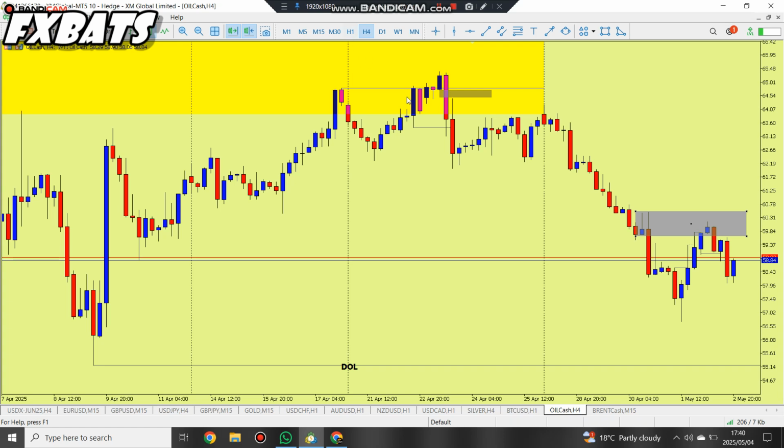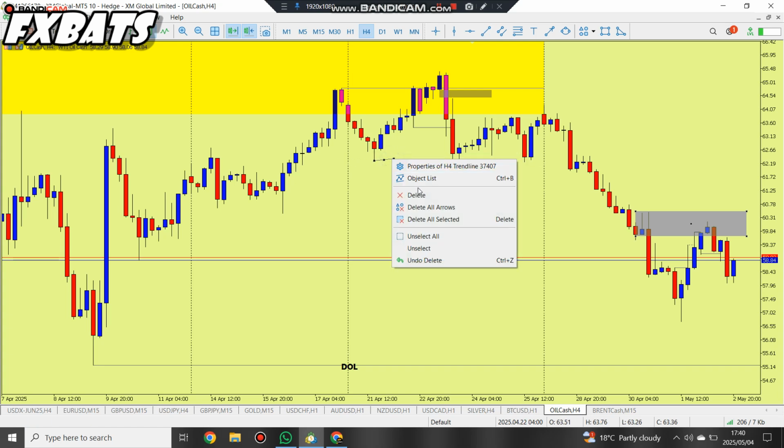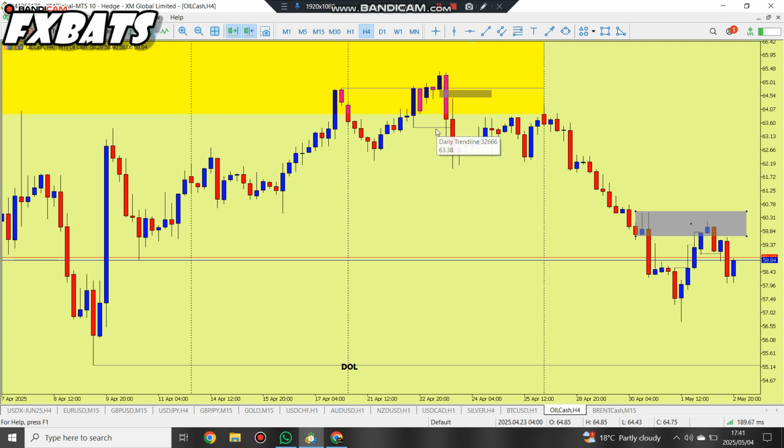If you go on lower time frame, you can clearly see this is our internal shift, though you can still mark this one as your shift. But to get a quicker signal, you normally go to a time frame lower than 4 hour and wait for the internal shift, which I marked on 4 hour.